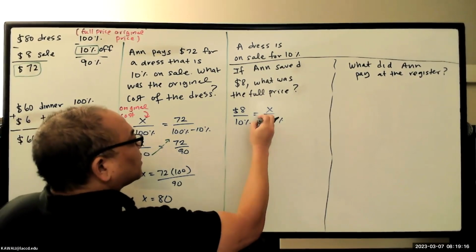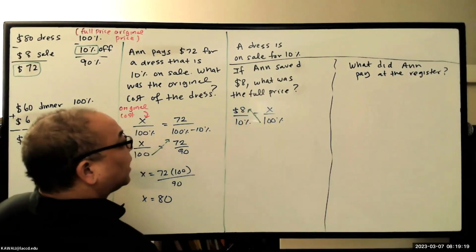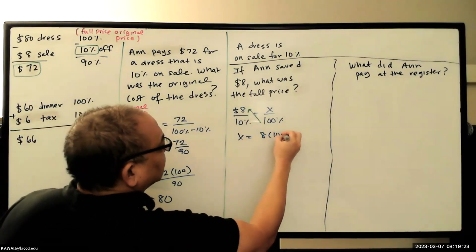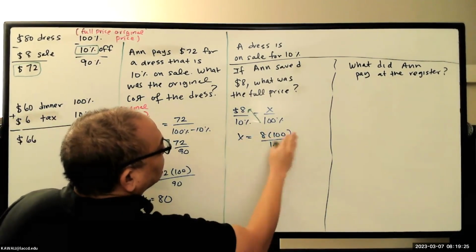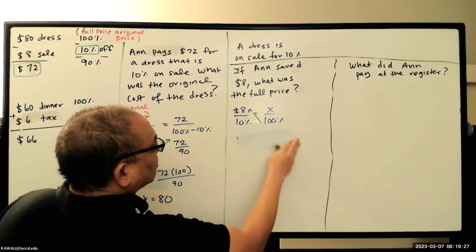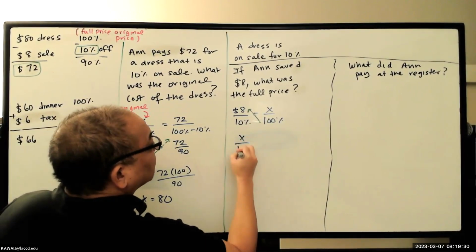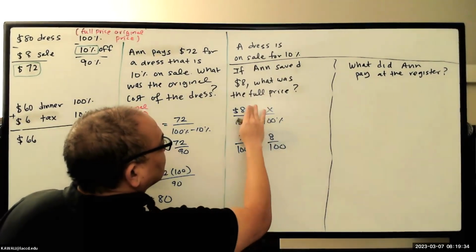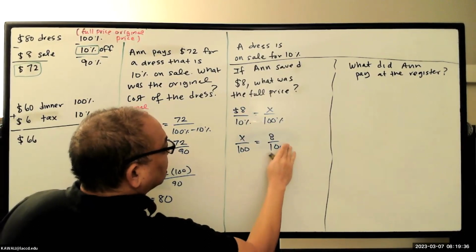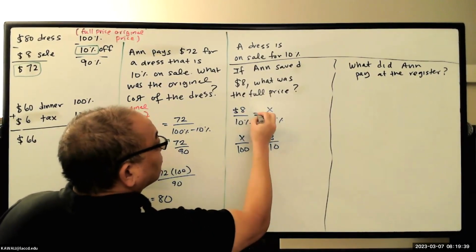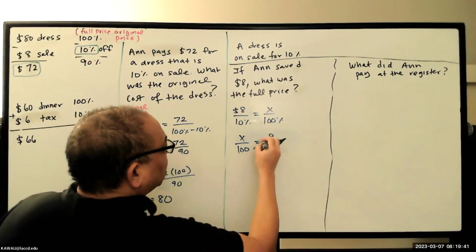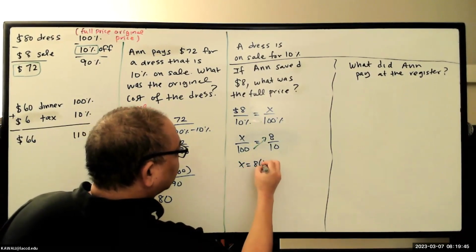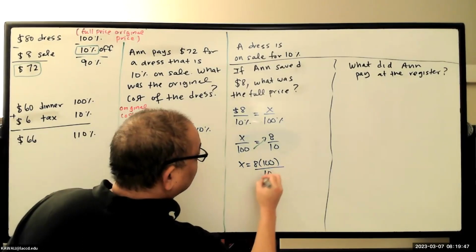So when we move this up here, we have X is equal to 8 times 100 over 10. Well, let me move this around. X over 100 is equal to 8 over 10. Oops, 10. We're going to bring this up here. And we have X is equal to 8 times 100 divided by 10.